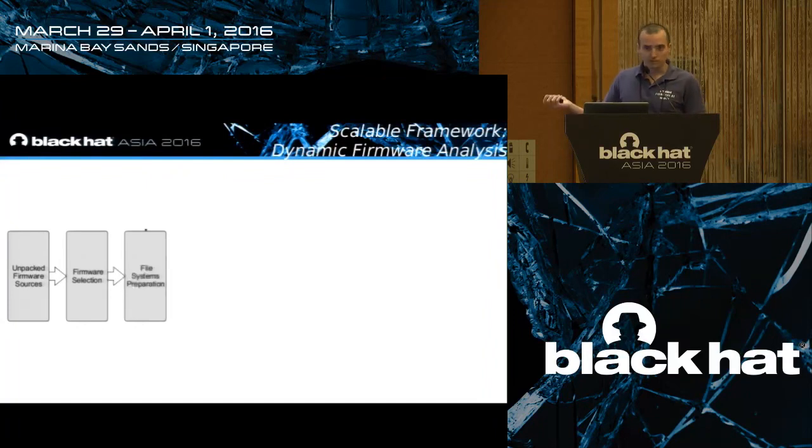Once we select these, we do file system preparation, and why we mention this as a step, as a heads up, is because the unpacking of a firmware, if you look at our USENIX Security paper, is not 100% reversible from the vendor, because sometimes the vendor uses customized packers or customized formats for file systems like SquashFS or JFFS2.